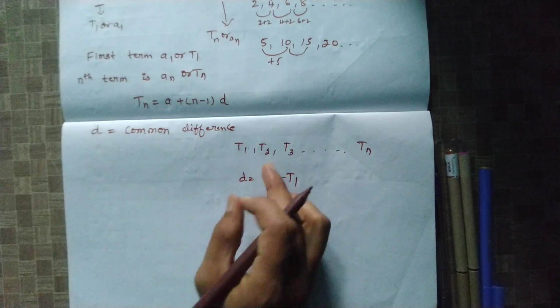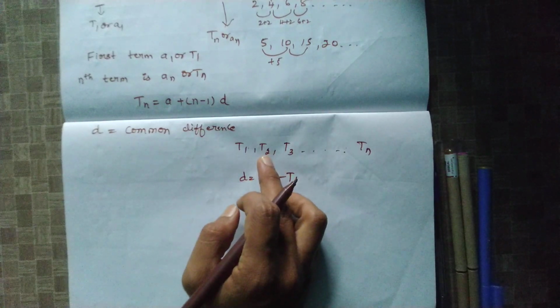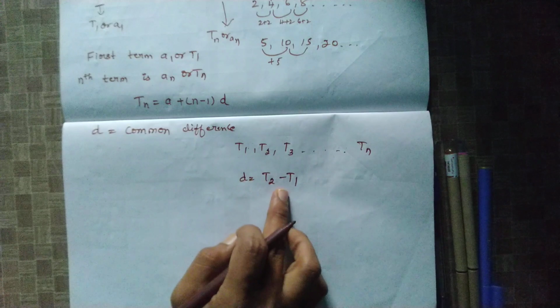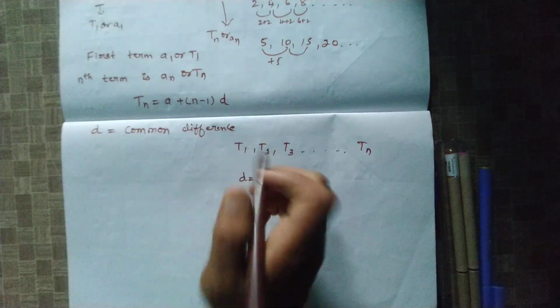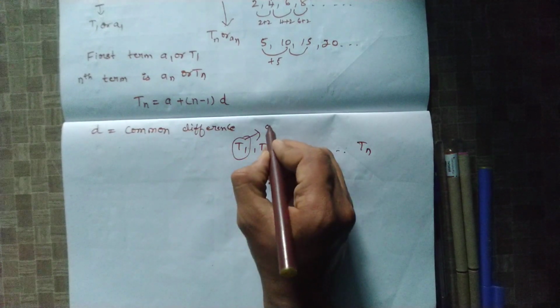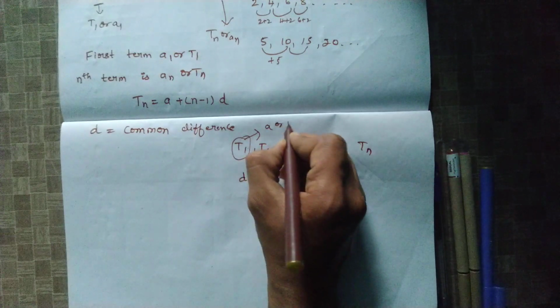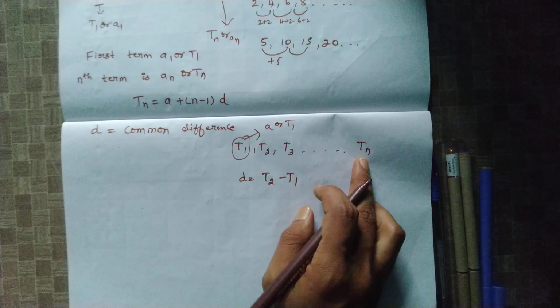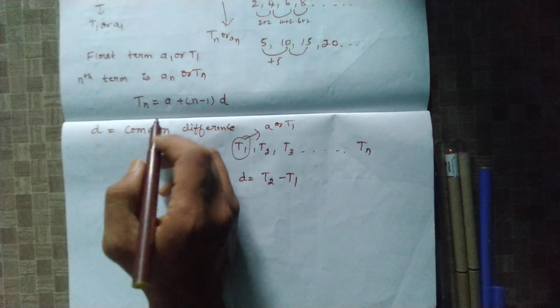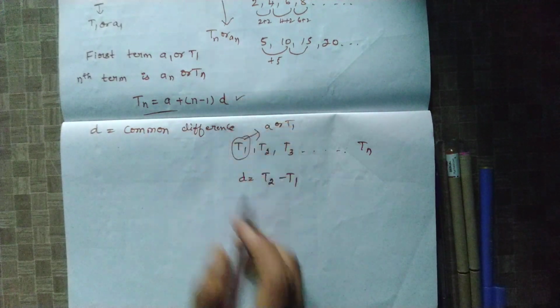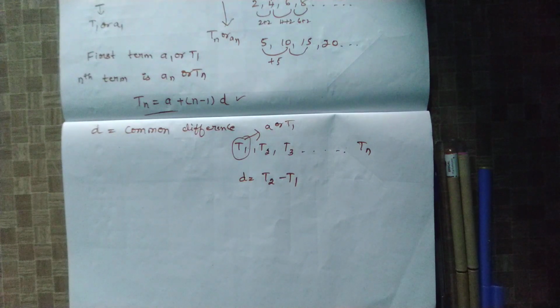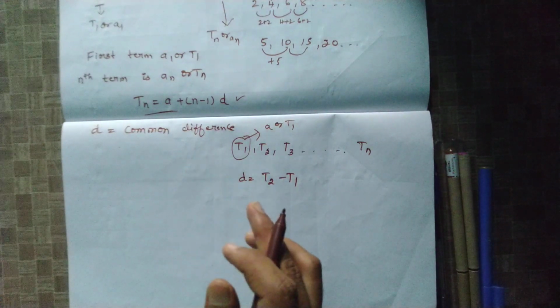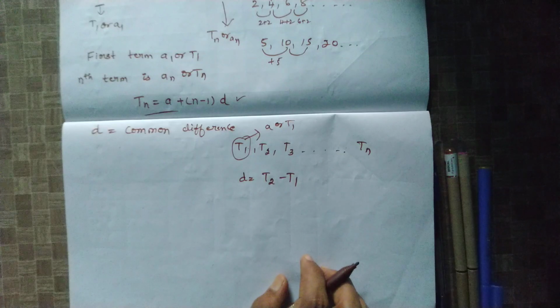Second term minus first term gives the common difference d, and the first term is A or T1. The nth term is found using the formula Tn is equal to A plus n minus 1 into d.